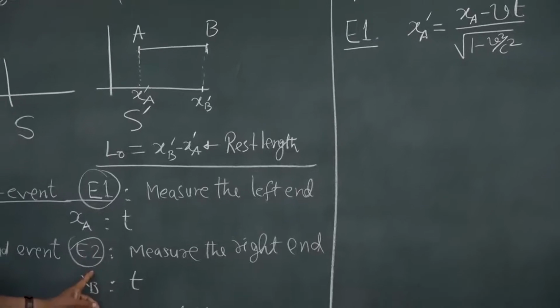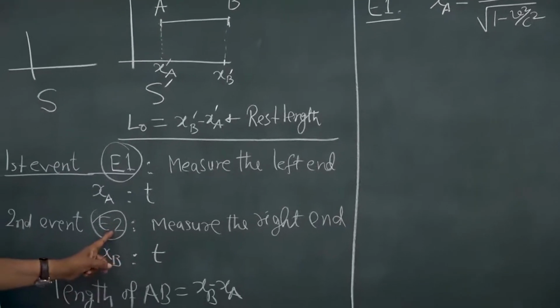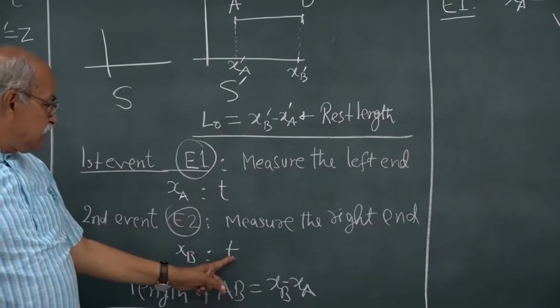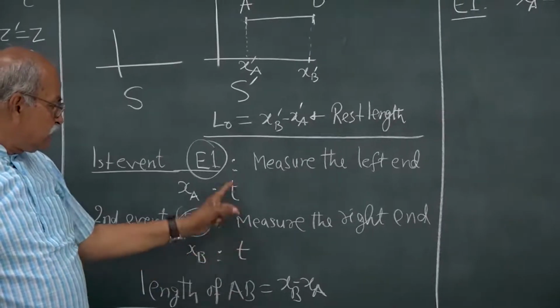Now, come to event E2. The x coordinate is xb and the time of this event is this t, and this t has to be the same.